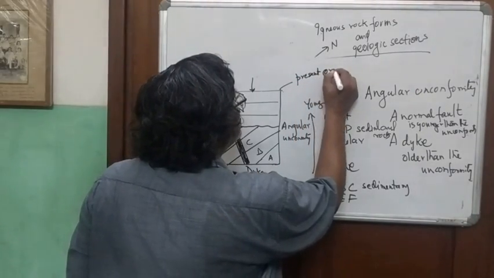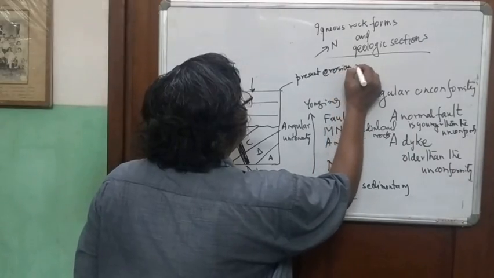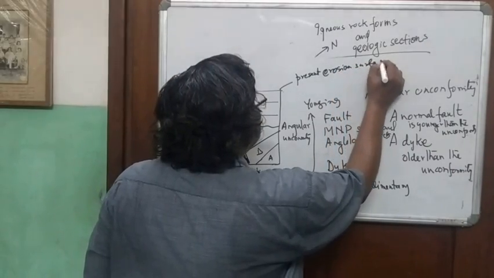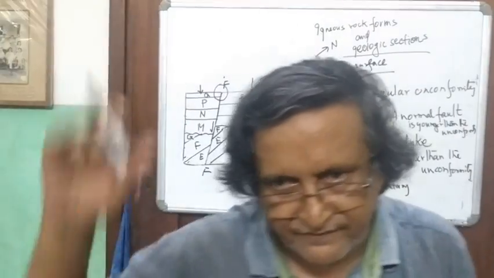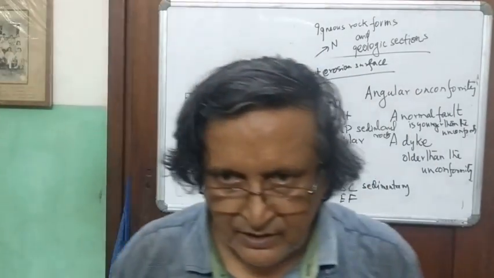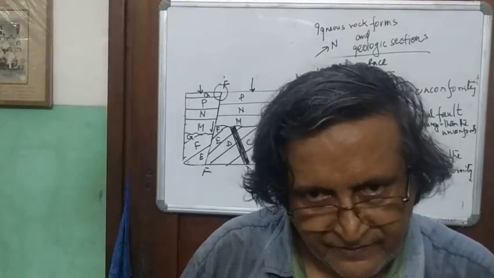This is the present erosion surface. The ground on which you walk is an erosion surface. It's above the mean sea level. Materials are being transferred from there.